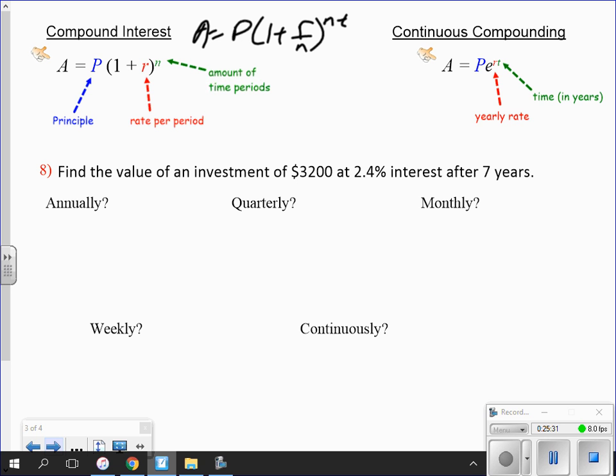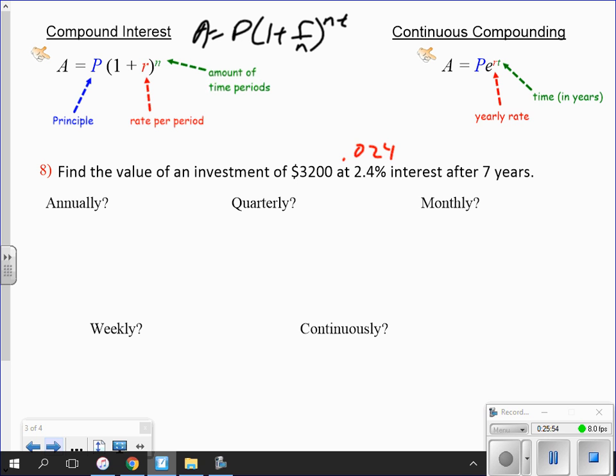Problem number 8: find the value of an investment of $3,200 at 2.4% interest after 7 years, compounded at different rates. How much money are you going to make depending upon how often it's compounded? Well, you do have to remember the 2.4 becomes 0.024.